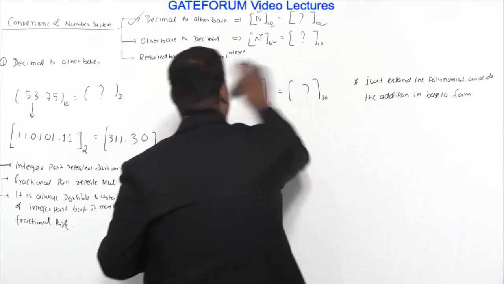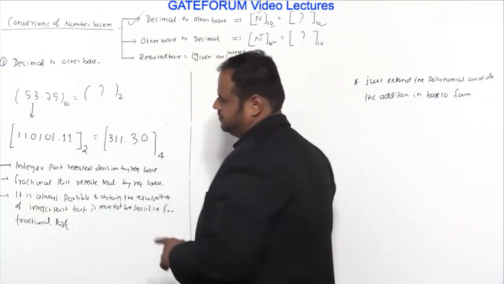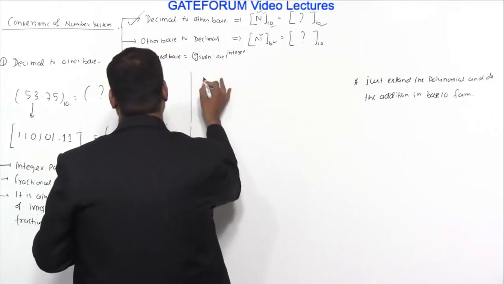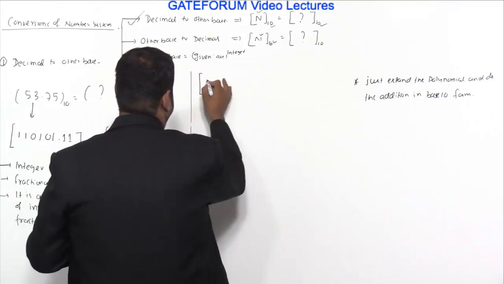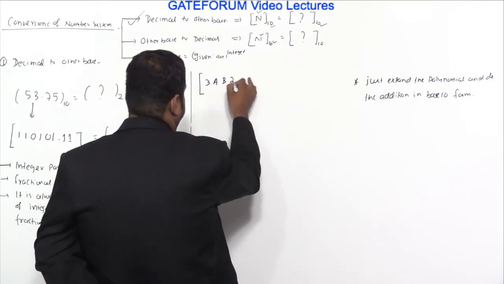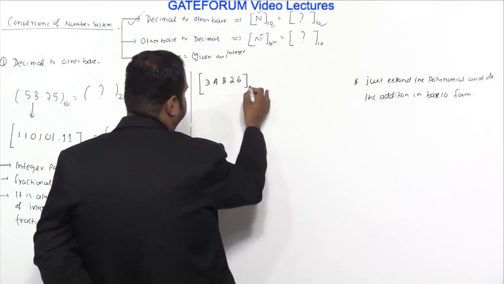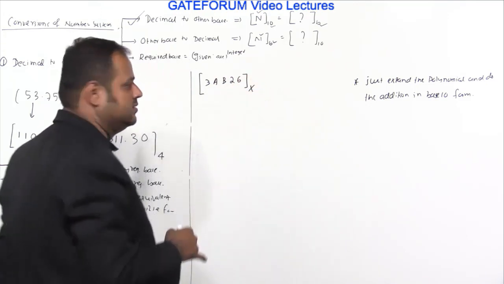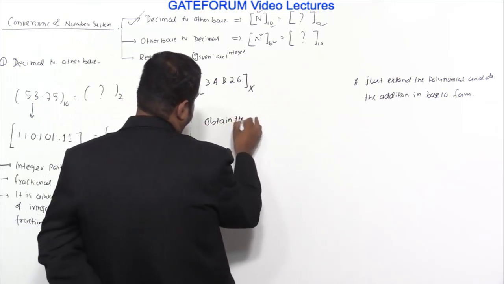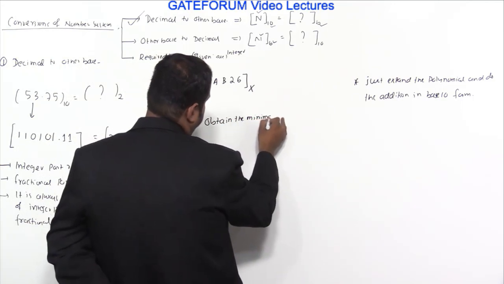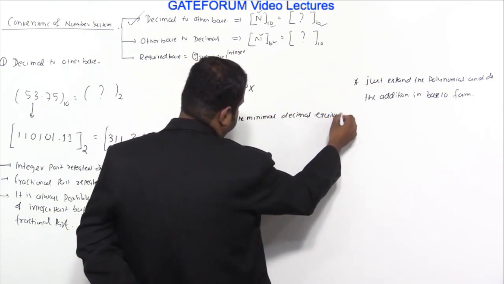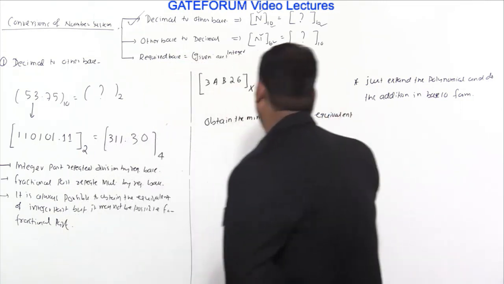One of the questions that is interesting in this particular segment is this. This is an IS problem basically. What they have given is 3A, B, 2, 6, and the base is given as X. The question is, obtain the minimal decimal equivalent of the above number.